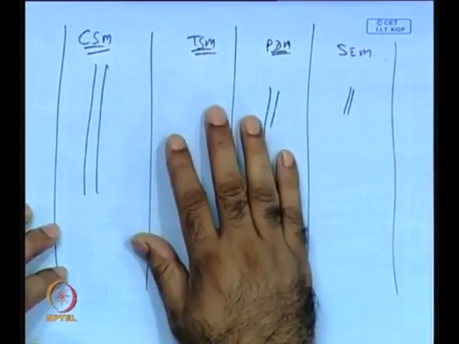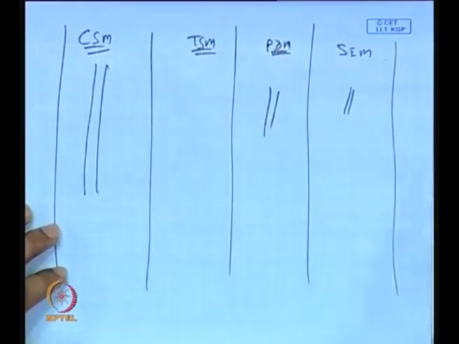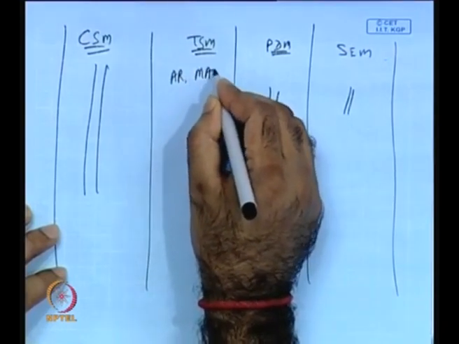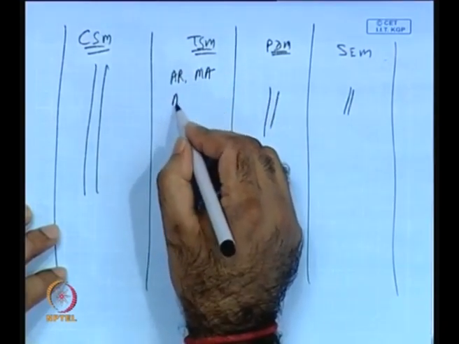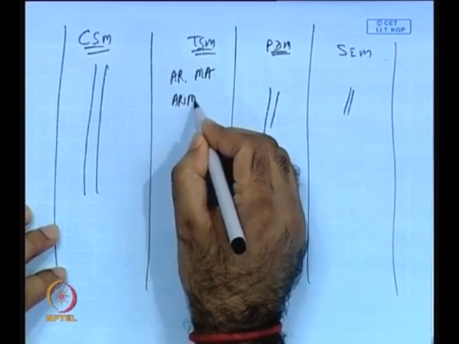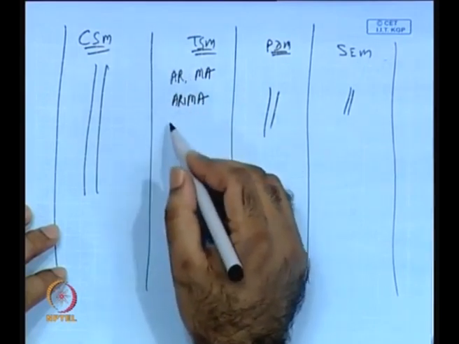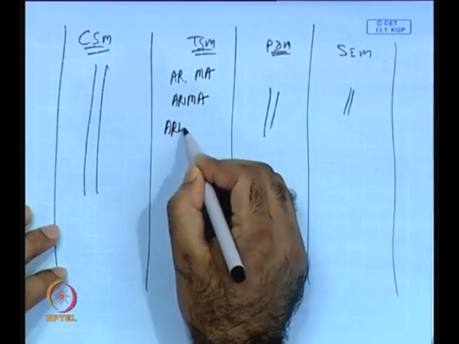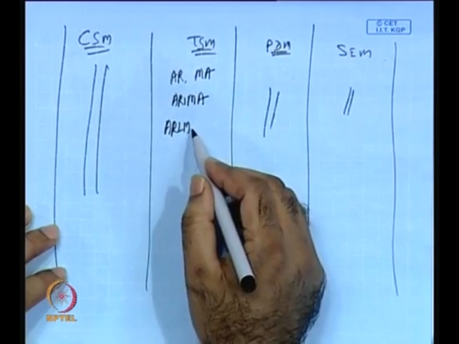Then, in time series modeling, we have discussed various schemes like autoregressive models, moving average models, then ARIMA models, autoregressive integrated moving average models, and before that we discussed autoregressive lag models. In fact, autoregressive itself is a lag model.